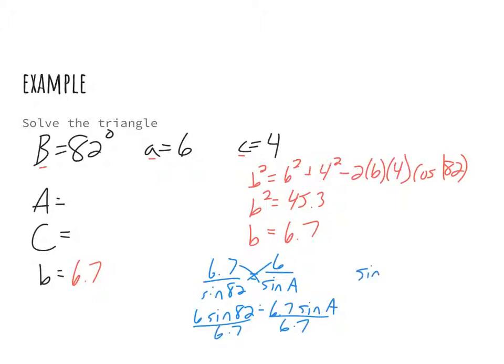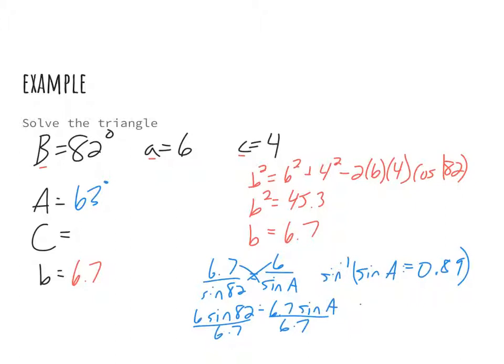And I get that the sine of A is equal to about 0.89. Then I can do the inverse sine of both sides. And that's going to get me an angle measure of, to the nearest degree, 63 degrees.